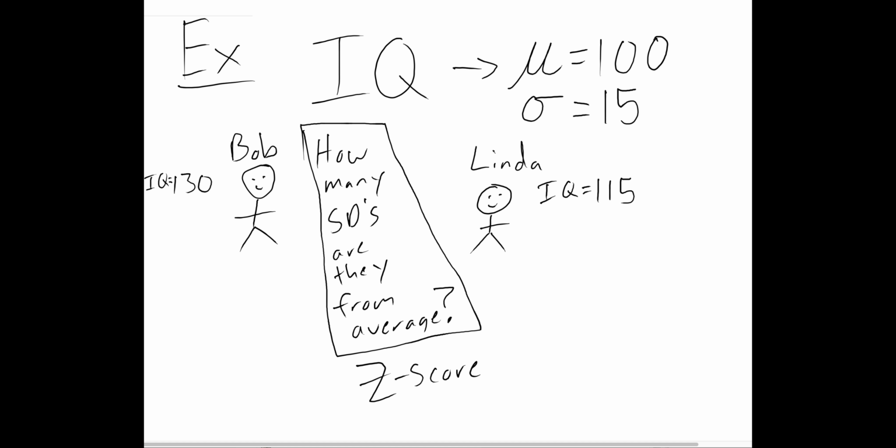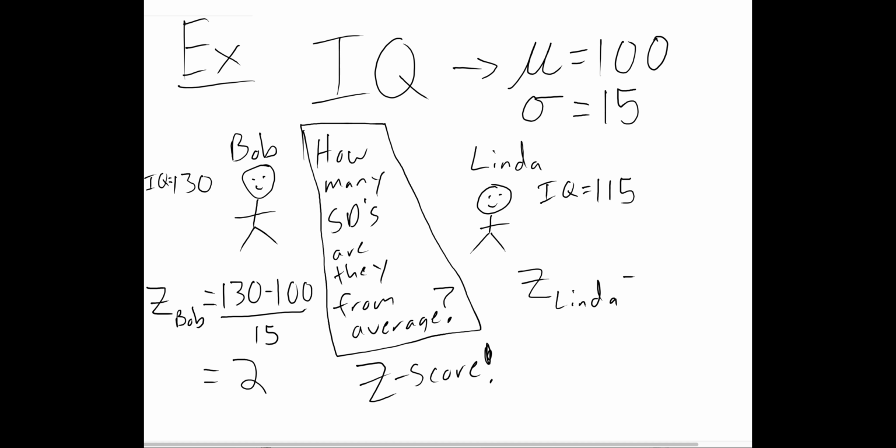So to figure out the answer to this question, we just need to calculate two z-scores. We'll calculate the z-score for Bob. I'll call that z sub Bob. And we'll calculate the z-score for Linda. We'll call that z sub Linda. So here's Bob's z-score. It's his data point minus the mean divided by the standard deviation.